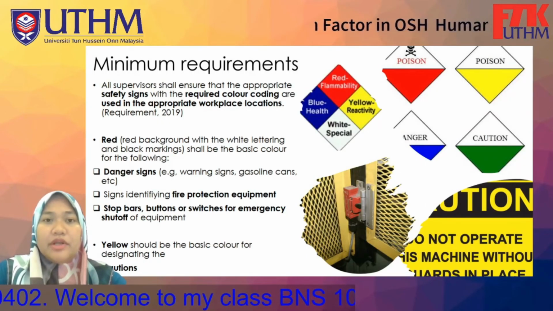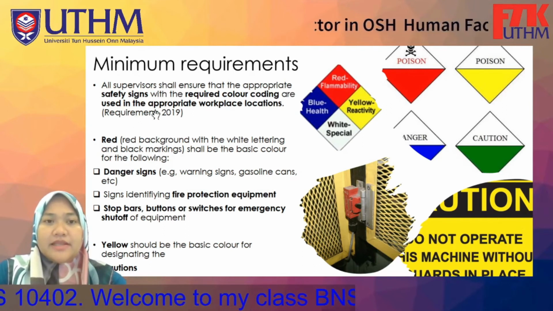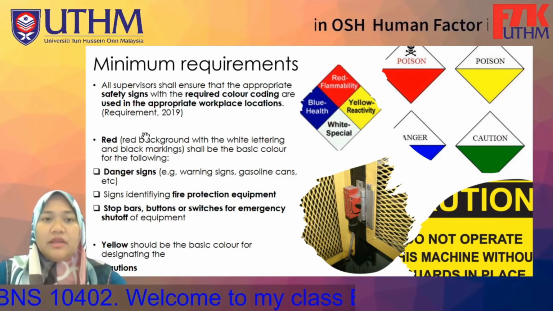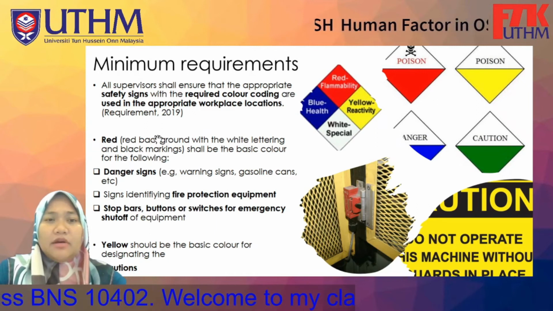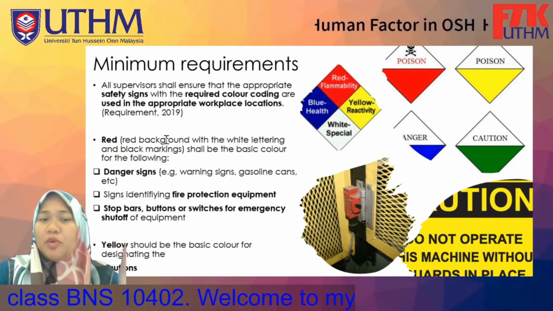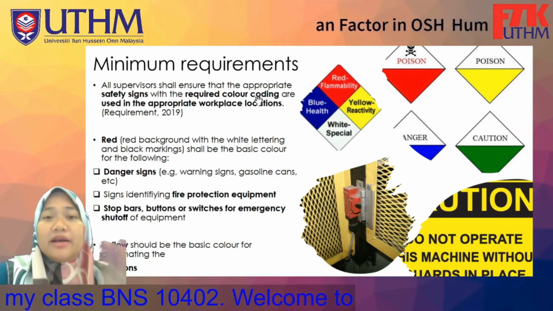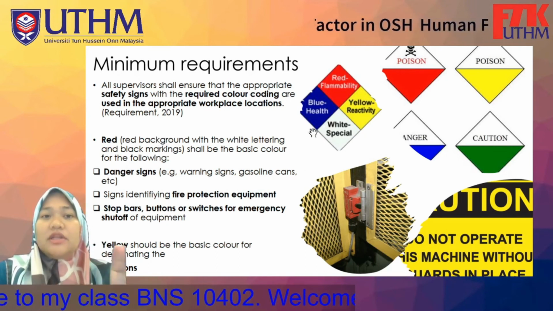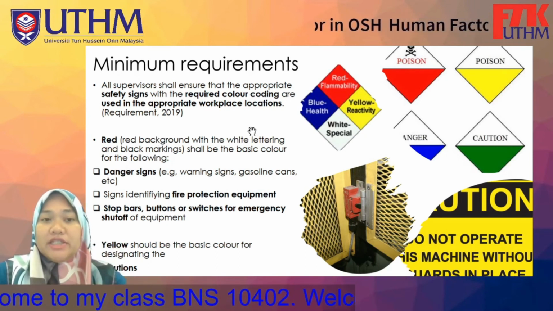This is the minimum requirement stated by Hashim 2018. All supervisors shall ensure that the appropriate safety signs with the required color coding are used in the appropriate workplace locations.